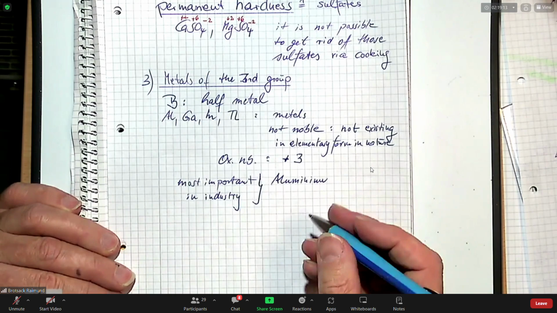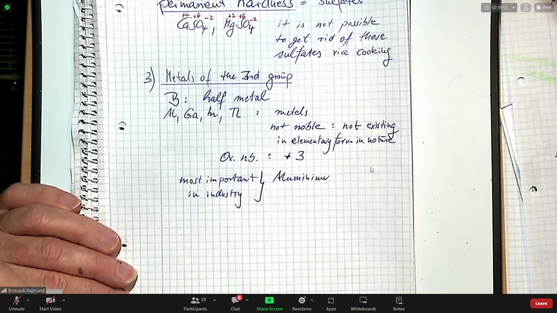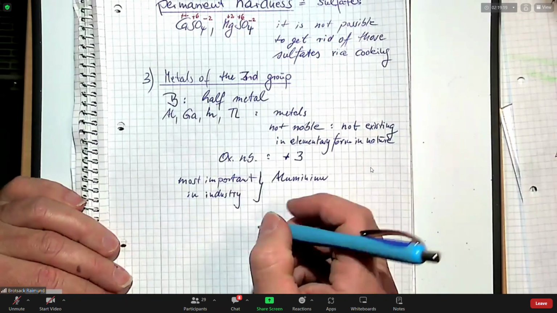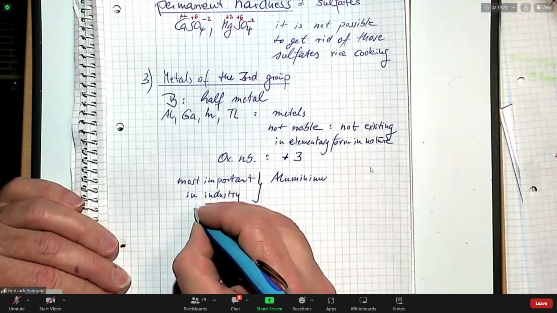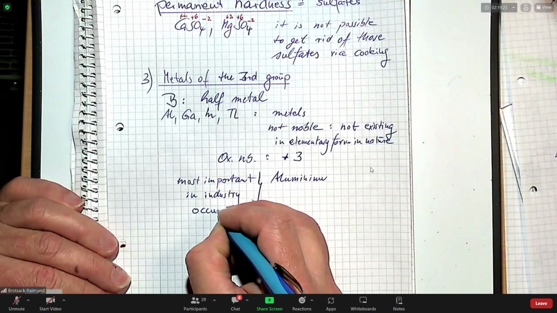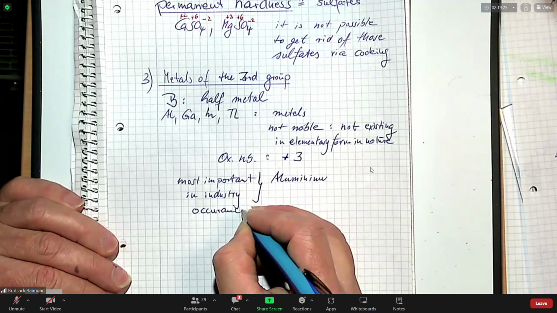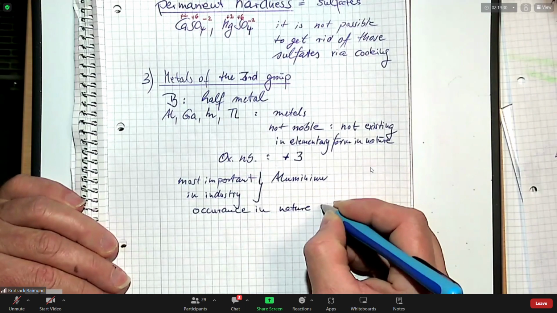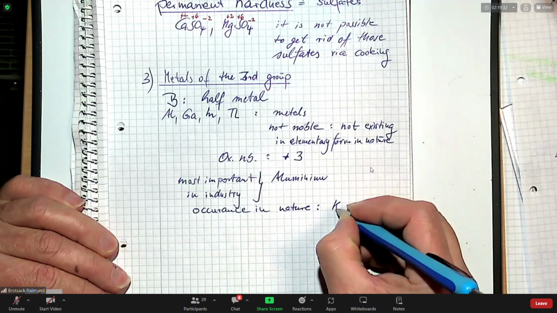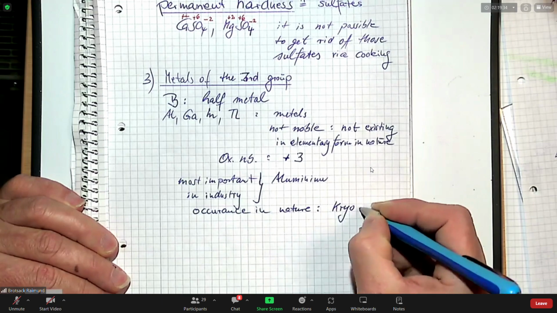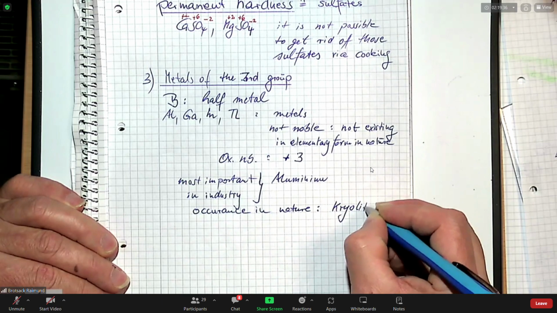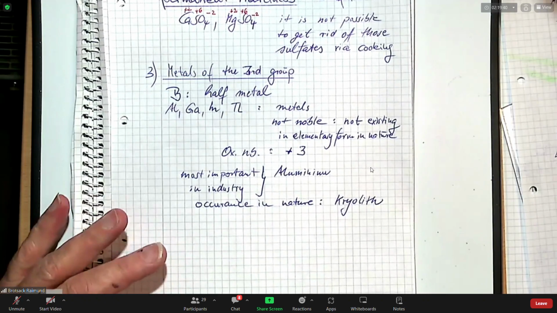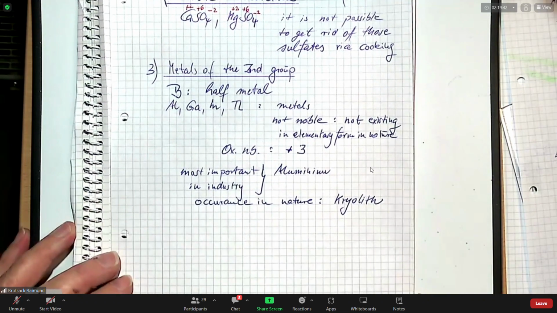And in nature, we don't find aluminium as pure element. In nature, so the occurrence is we find it as cryolite. That's the name of that aluminium mineral.